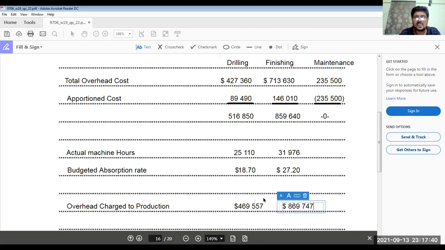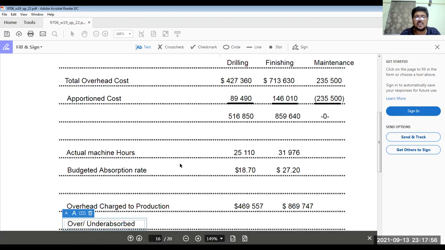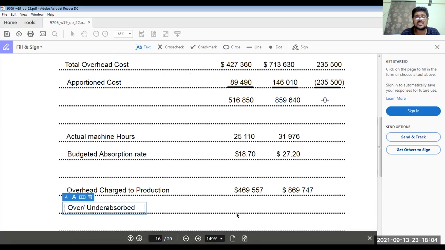Okay. Now, over or under absorbed. Now, in drilling machine, we have under absorbed. It is 516,000 total, and we absorbed only 469,000.